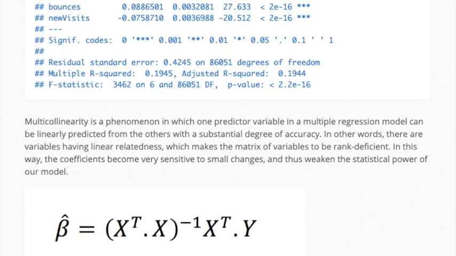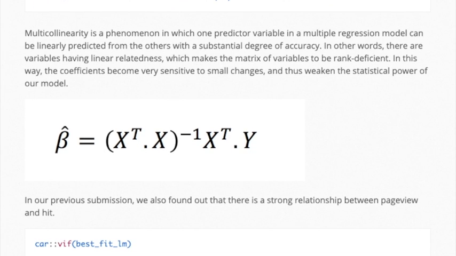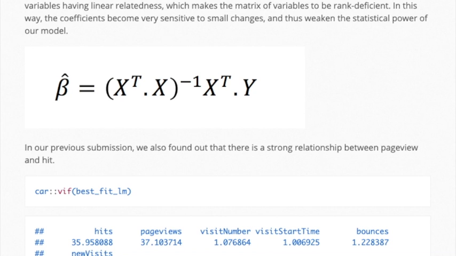In our previous submission, we also found that there is a strong relationship between page view and hit. We also try a statistical method, VIF, variance inflation factor, to detect multicollinearity and remove the predictor variables with high VIF values.